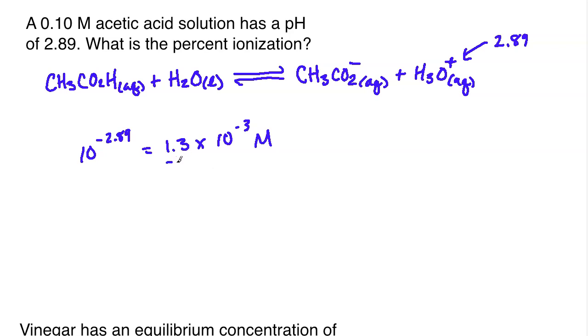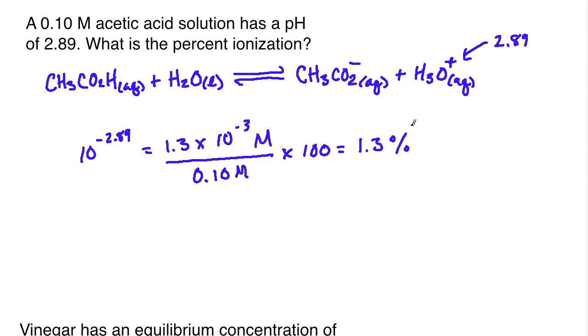So percent ionization is going to be the concentration of the H3O+ over the initial concentration of the acid, which was 0.10 molarity, times 100. And this is going to equal 1.3%.